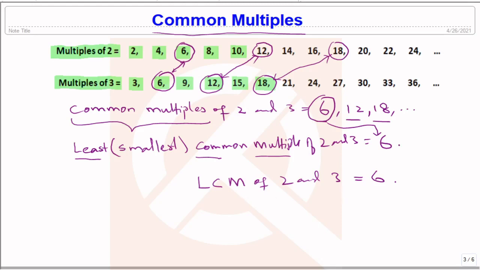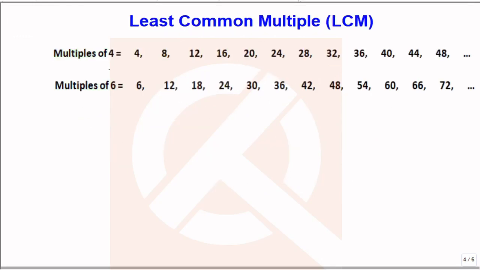Now we'll apply the same with another example. This is an example of the common multiples, and then the least common multiple. Here we are writing the multiples of 4 and the multiples of 6. Now let's see which are common to both of them. 12 is common, 24 is common, 36 is common, and so on.